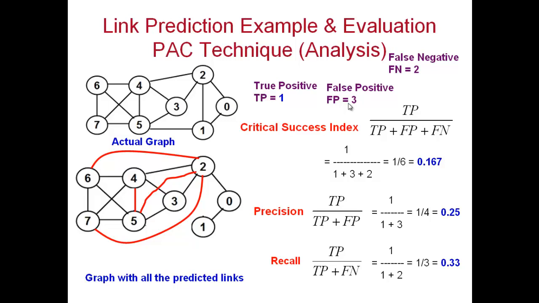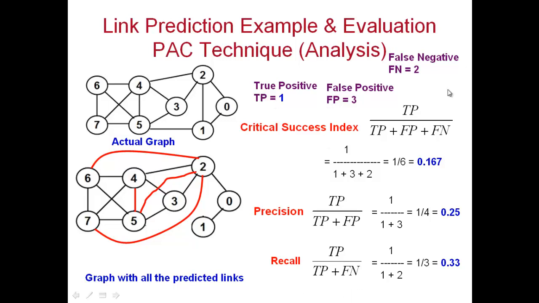And recall is true positives divided by true positives plus false negatives. True positives plus false negatives is the actual number of links in the graph that are going to be tested for prediction. Among those links, what fraction are you predicting rightly? In this case, true positives plus false negatives is 1 plus 2, which is 3.